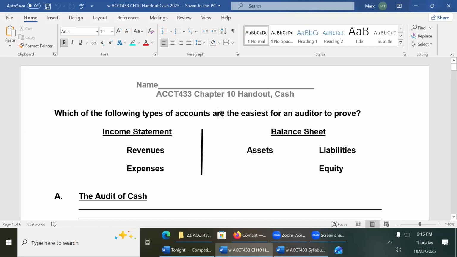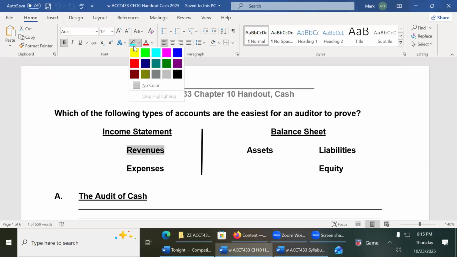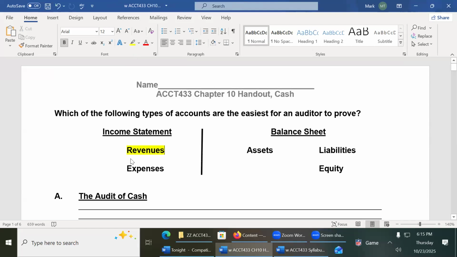So we're auditing cash. Now, again, we're basically going to work around our financial statements, but just overall, here are the accounts for the income statement. We have revenues and expenses, and here are the accounts for the balance sheet.